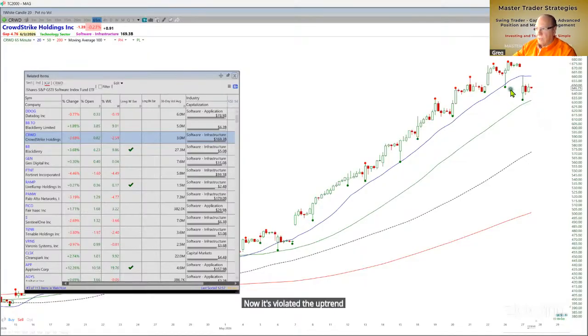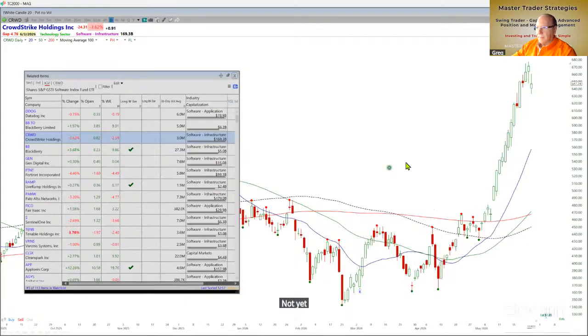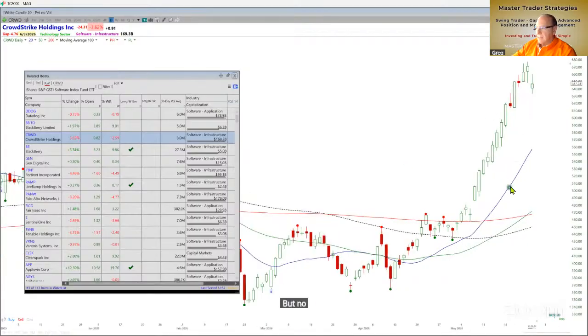We know that for sure. Call spread would make sense. Doesn't make sense to short it. Not yet. But no doubt. Was that extended? Yes. It gapped down. Buyers are not throwing in the towel even now.